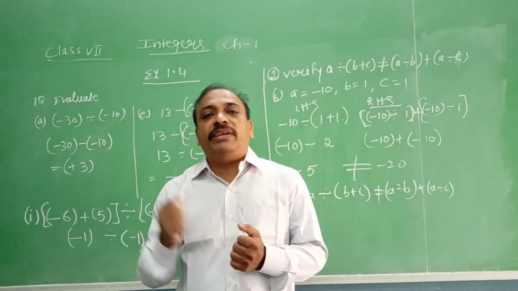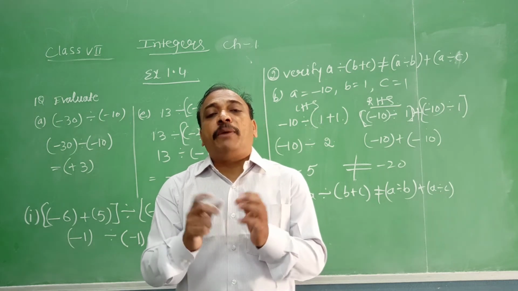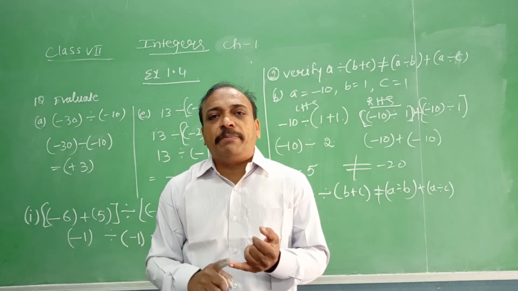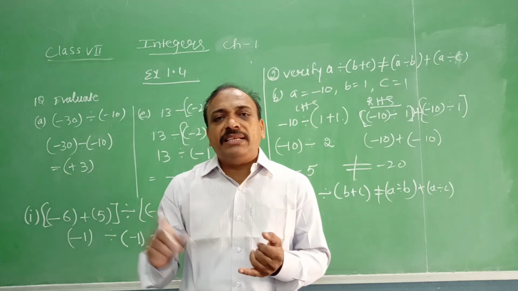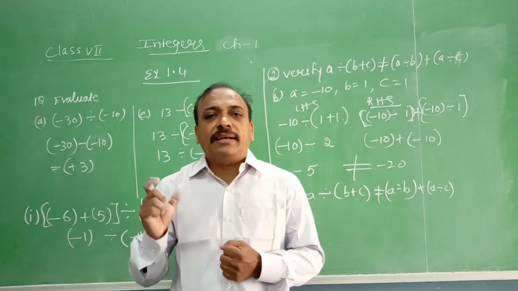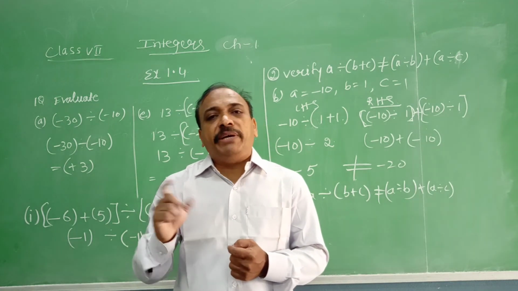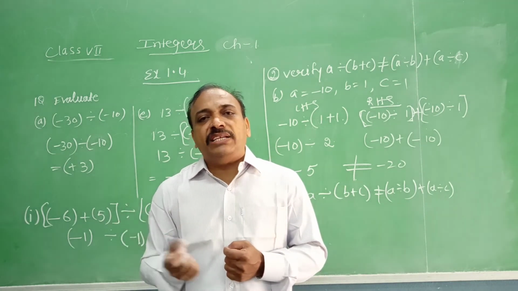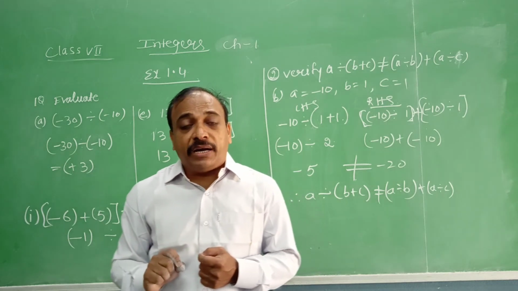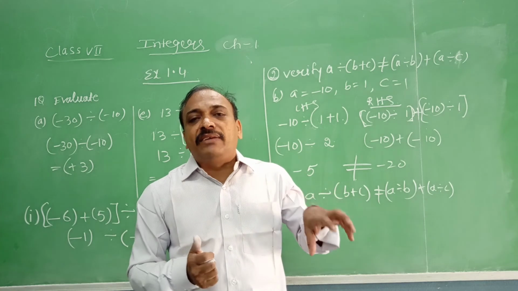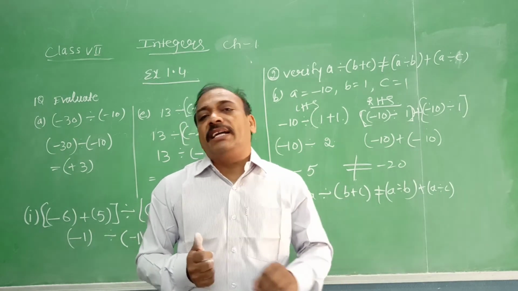And properties of integers we discussed in addition, subtraction, multiplication and division. In all these we verified closure, commutative, associative property, distributive property of multiplication over addition and over subtraction. Under division the properties are not satisfied.